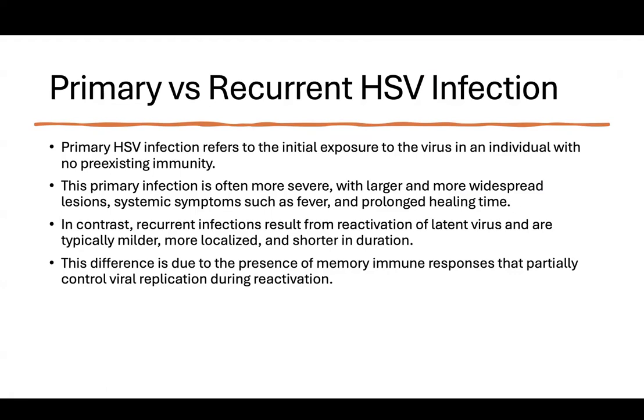You don't have memory T cells that are helping you to kill it. It's the first time you've ever encountered this virus. And usually the first time you get infected is the worst, because you have quite a lot of symptoms and they're quite annoying and take quite a long time to resolve.